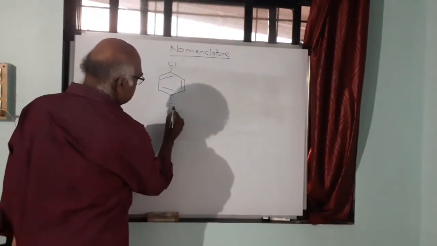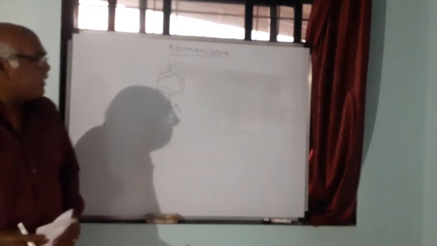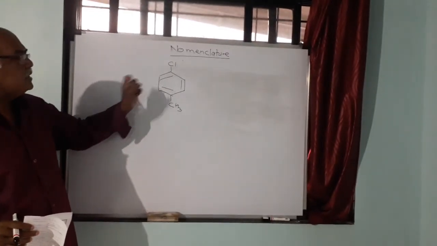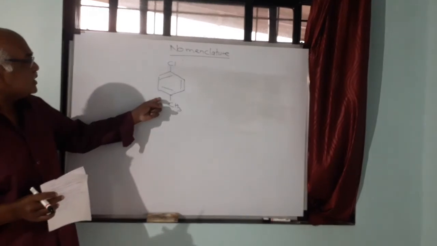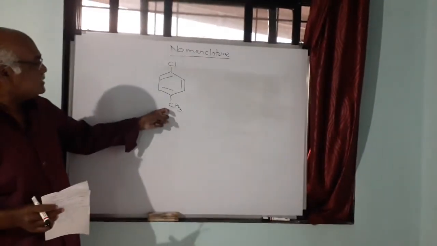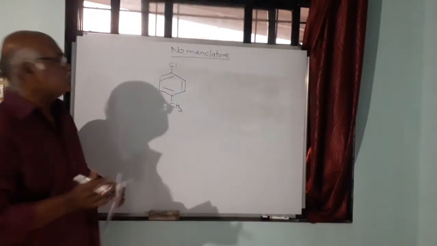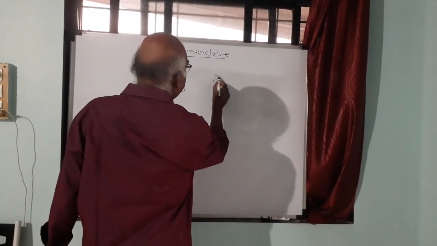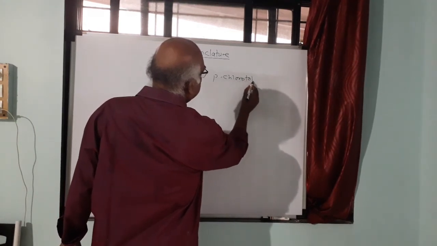Okay, and I have taken a methyl group, that is CH3 over here. When there is a methyl group attached to benzene, the compound is called toluene. And in this particular compound toluene, chlorine is at the para position. So this will be para-chlorotoluene.